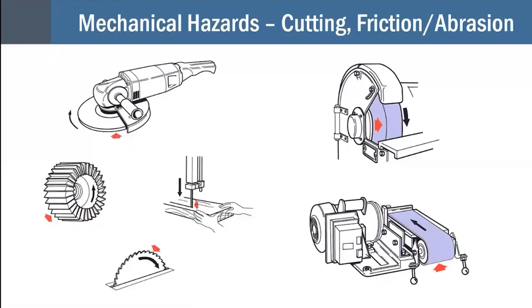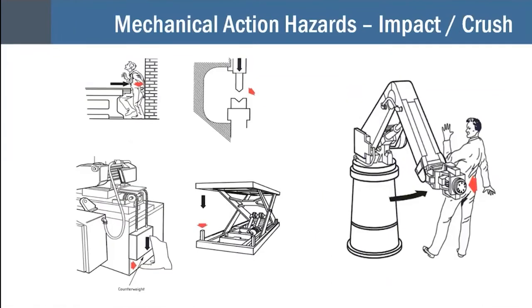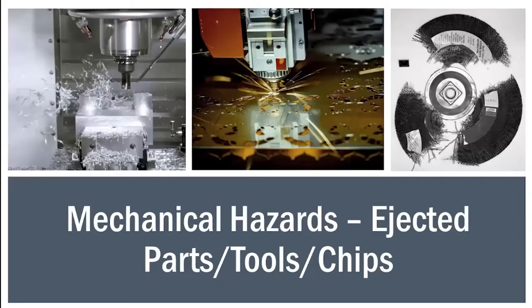Some of those hazards, and we'll run through these, should be pretty obvious. There's a variety of mechanical hazards, the most common: cutting, friction, abrasion, another cutting or shearing action, impact or crushing hazards. Another less obvious one is ejected parts, tools, or chips.